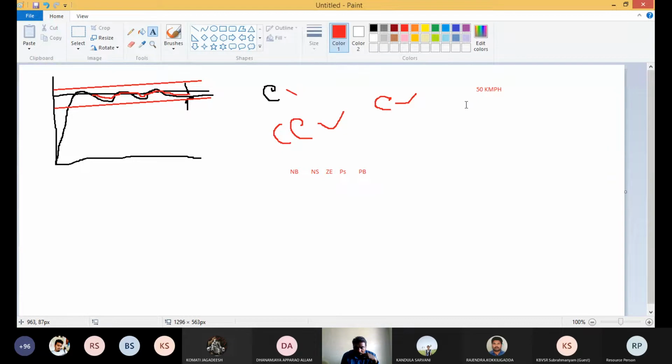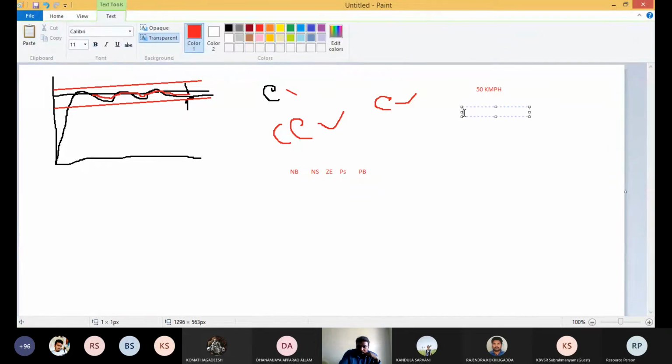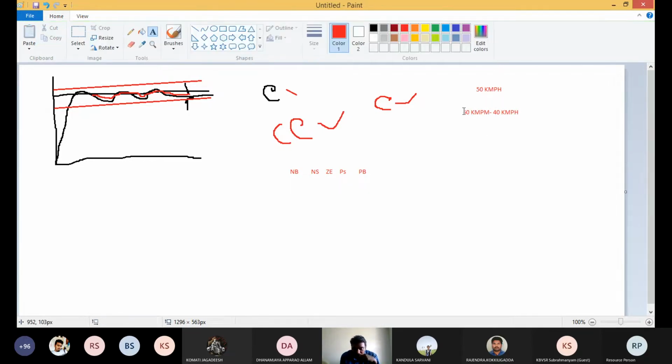some 60 kilometers per hour. That means my speed variation is in between 50 kilometers and 40 kilometers per hour. What is the span I am getting, the deviation between the minimum range and maximum range?